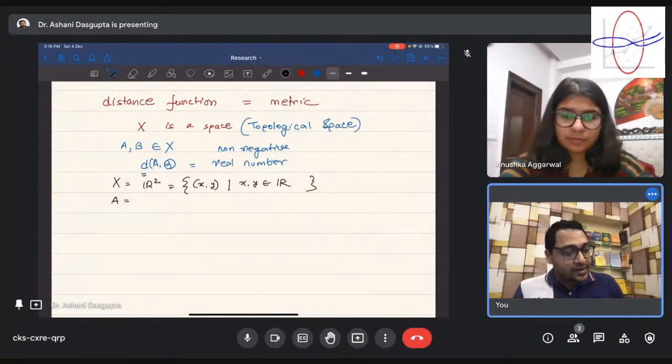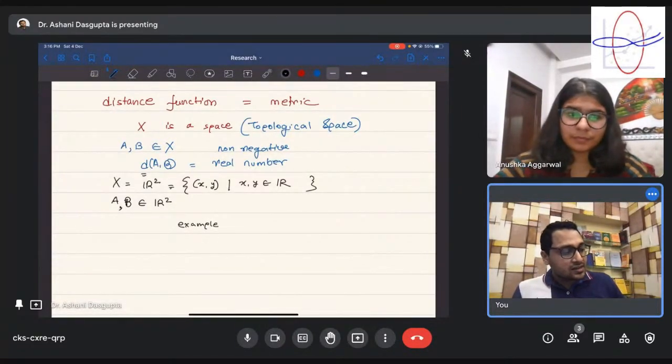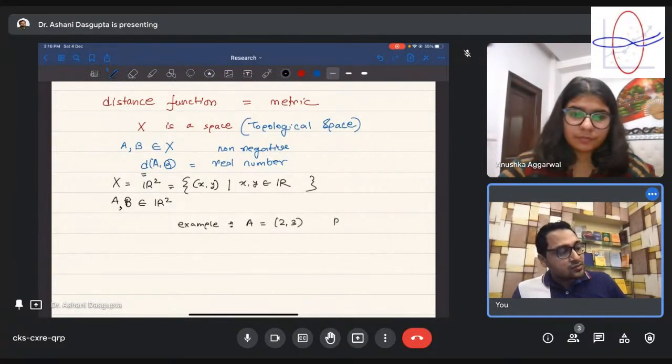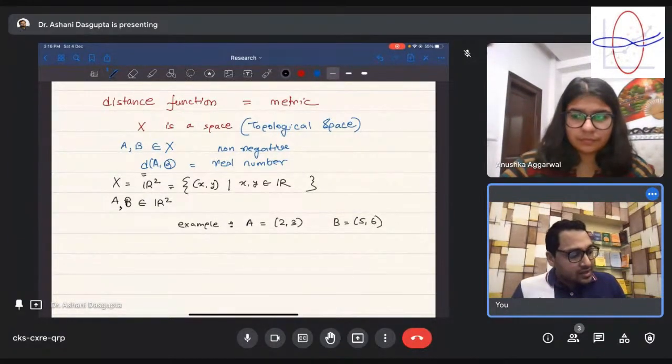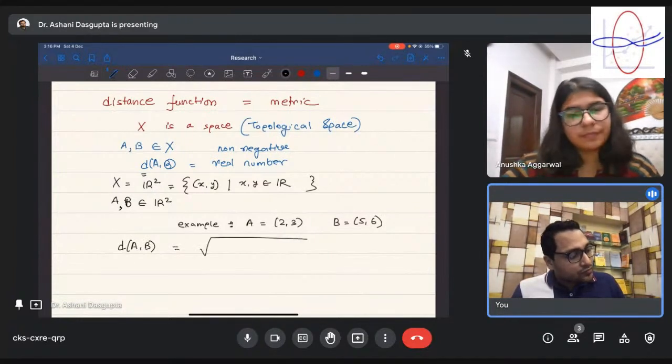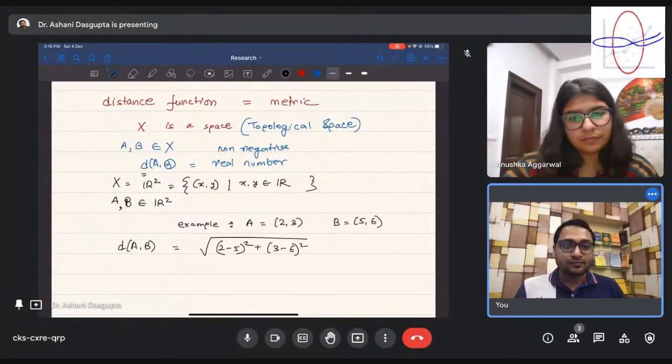Now you can take points A and B, which are members of R2. So for example, A is equal to (2, 3), B is equal to (5, 6), and so on. Now you can define a distance function in the following way. The distance between A and B is simply the square root of (2 minus 5) whole square plus (3 minus 6) whole square.